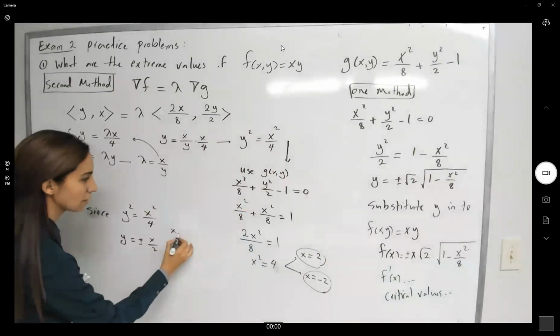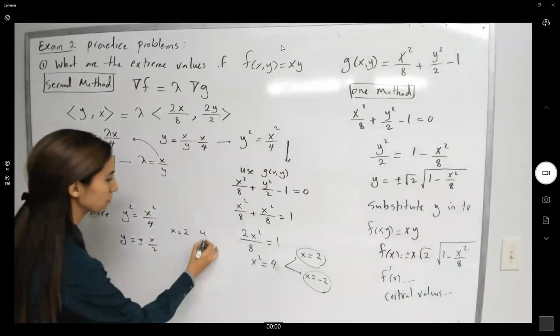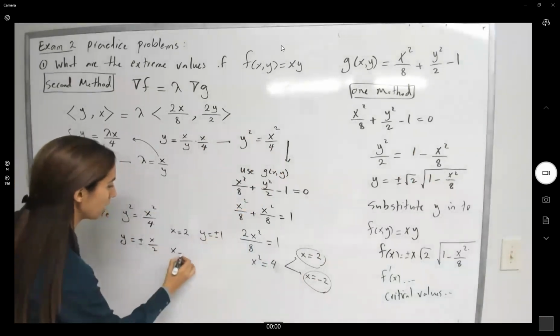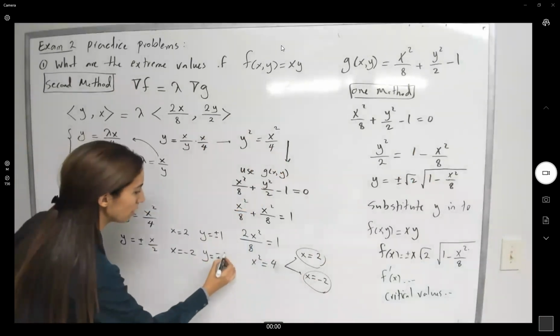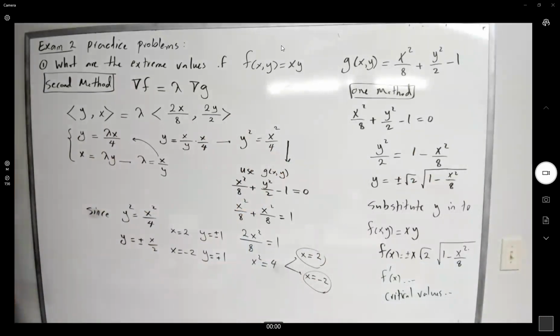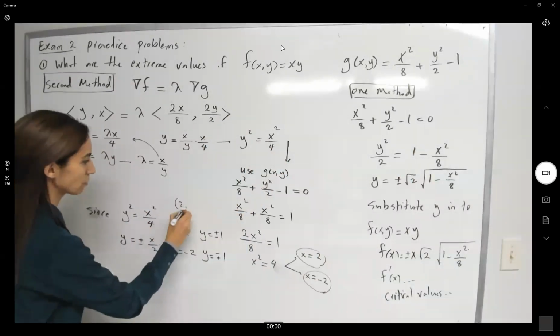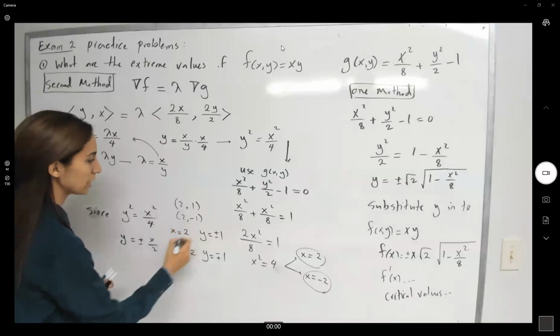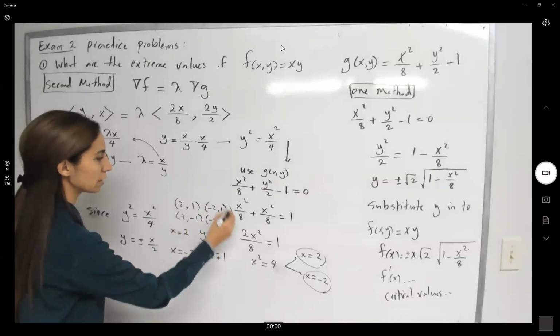If x is 2, y is plus or minus 1. If x is negative 2, y is minus or plus 1. So I actually have 4 points: (2, 1), (2, negative 1), (negative 2, 1), (negative 2, negative 1).